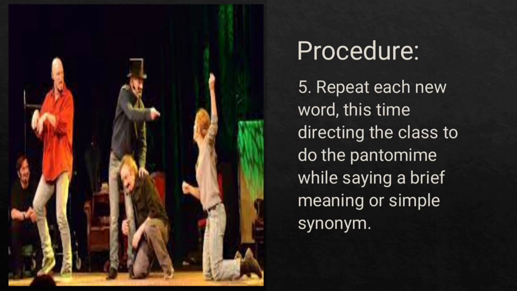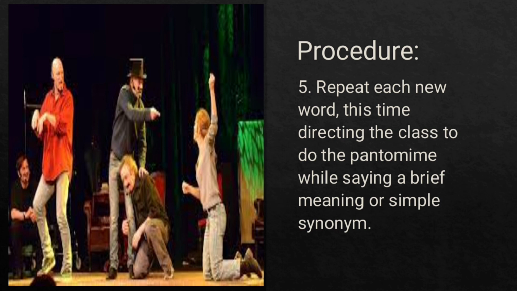Procedure number 5. Repeat each new word, this time directing the class to do the pantomime while saying the brief meaning of a simple synonym. So this time, since they already do the gestures, they already guess what the person in front really wanted to relay.